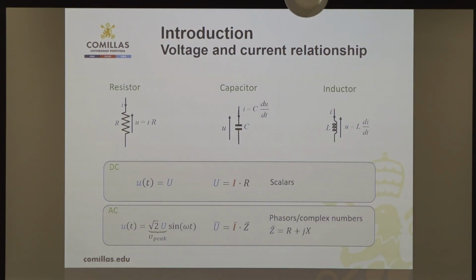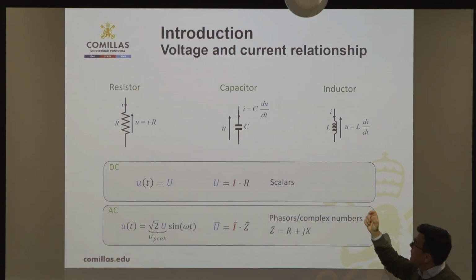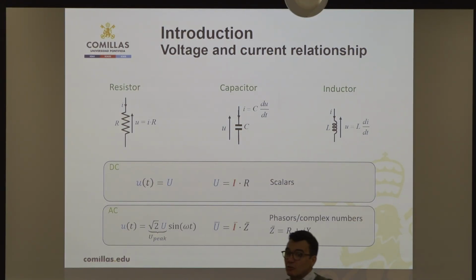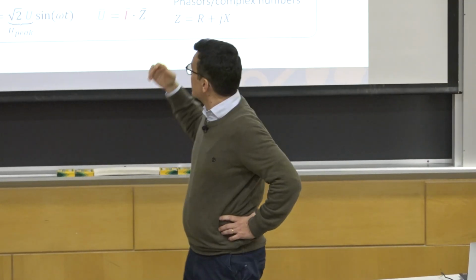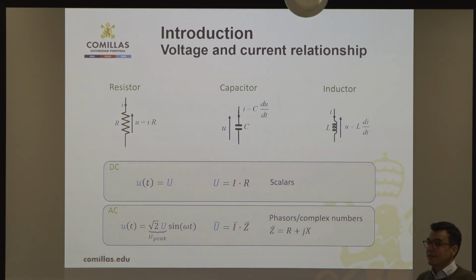And why am I saying that? Because at the end, you see that in the capacitor and in the inductor, the relationship between the current and the voltage is not constant, it's a derivative. When you differentiate a sinusoidal wave, you have another sinusoidal wave with a phase lag of 90 degrees. It can be lagging or leading.